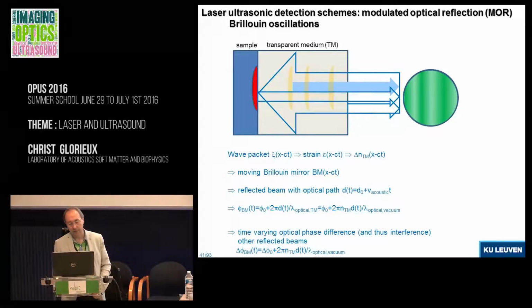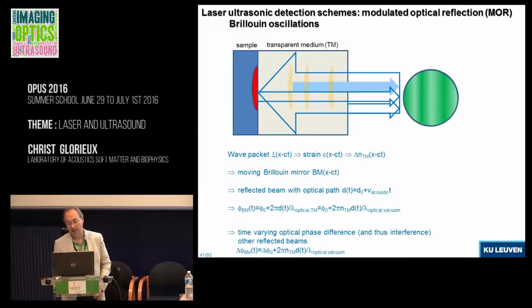This acoustic wave, which is propagating inside this transparent medium, is a short wave packet, so it will change the refractive index locally. And as we know from Snell's law, we are in France, I should say Snell-Descartes, if you have a change of refractive index, you have a reflectivity change.